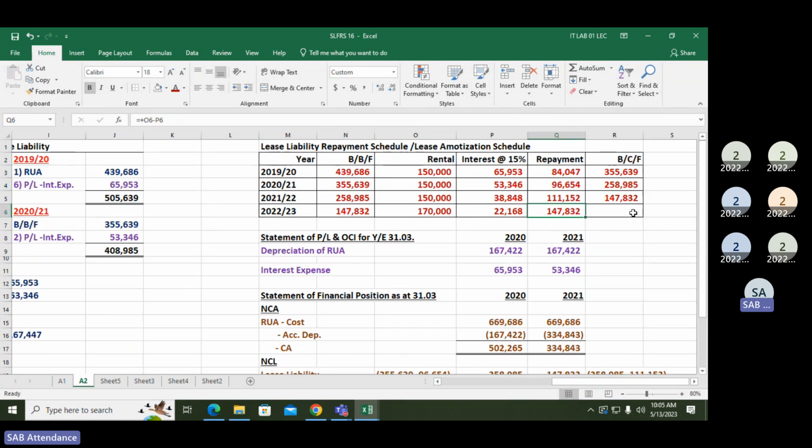Take the repayment. This is the lease liability repayment schedule.